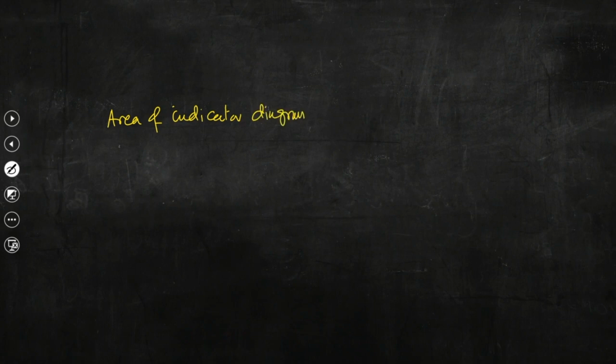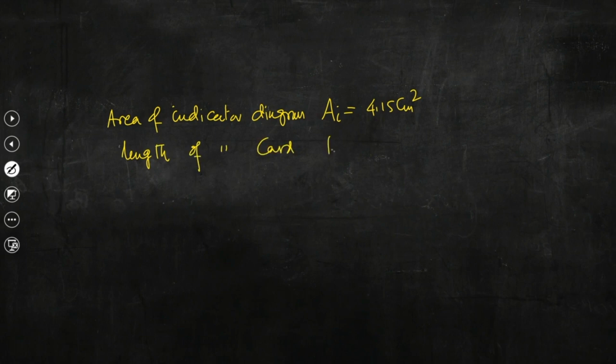So, the area of the indicator diagram Ai equals 4.15 centimeter square, and the length of the indicator card Li equals 6.25 centimeter.